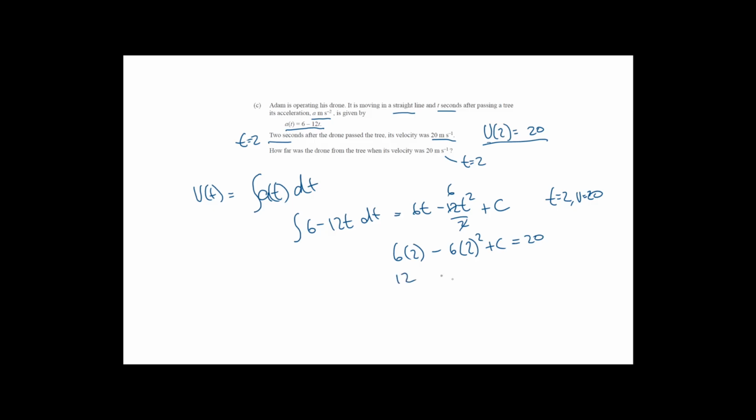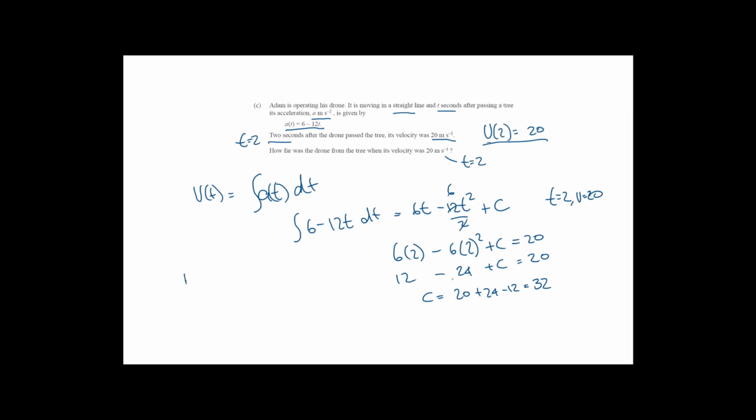So 12 minus 6 times 4, which is 24, plus c equals 20. So c is going to be 20 plus 24 minus 12, which is 32. So it's going 32 meters per second when it passed the tree.